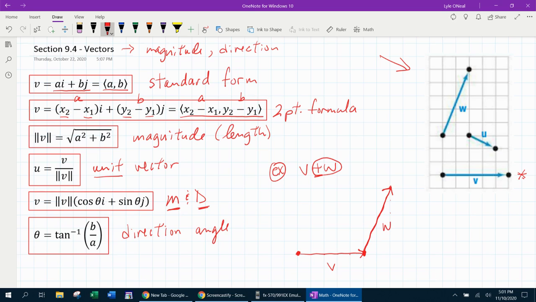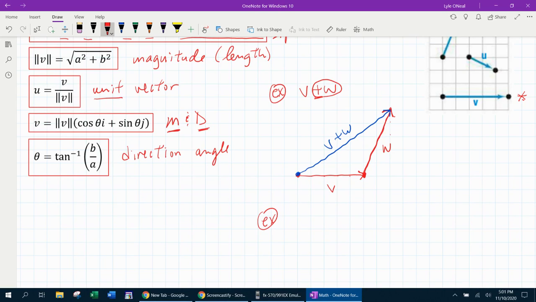Okay, so there's vector w sketched out. And this is how you're going to add vectors graphically. The way that you represent v plus w is you start at your starting point here, which is the tail of v, and you're going to go to the tip of w. And so that would be vector v plus w. That's how you add vectors.